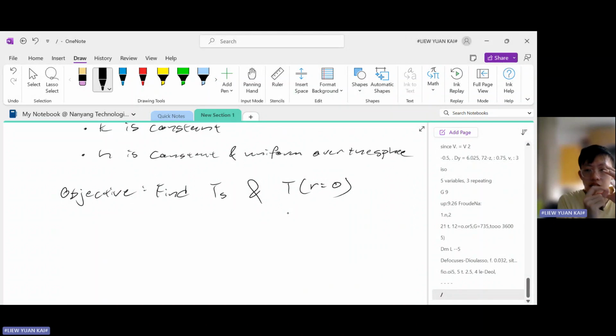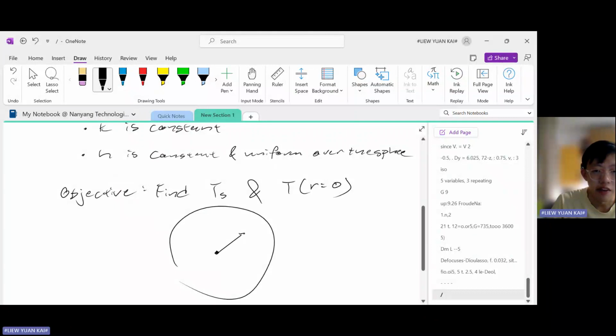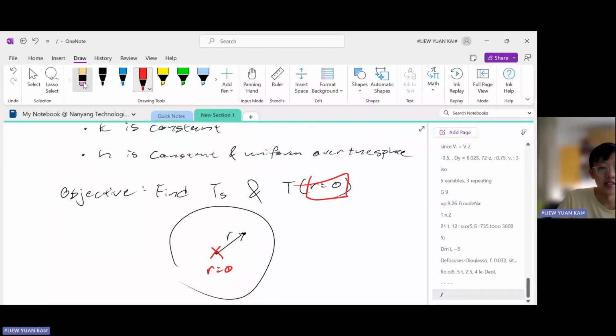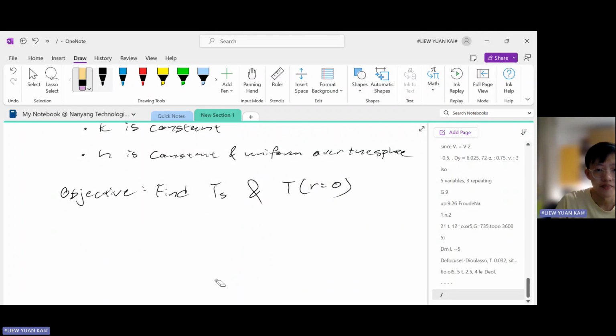Meaning to say that the center is characterized by r equal to 0. If this is a sphere and a radial position r is given like this, then the center must be where r is equal to 0. That's why I denote it as T at r equal to 0. So our objective is to find the surface temperature and the temperature at the center.